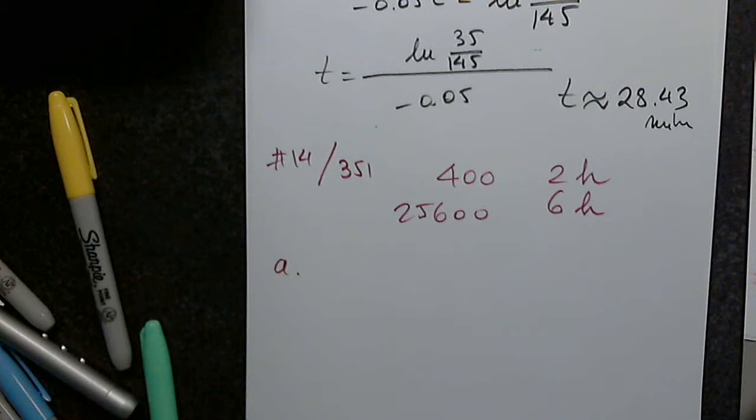I don't know how many they had 2 hours ago, but I know that right now the count is 400, and I come back in 4 hours and I count them again, and they're 25,600. So what does this really tell me? I'm not saying that what you said is incorrect. It's perfect. But there is something else that we should be able to see when we are given such information.